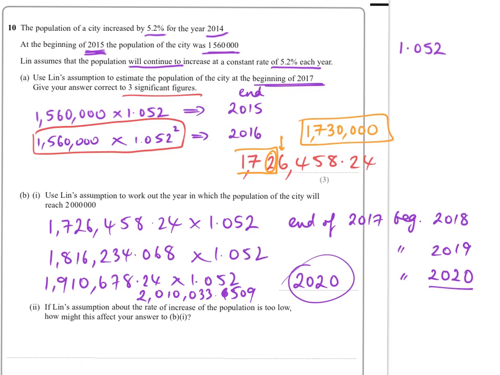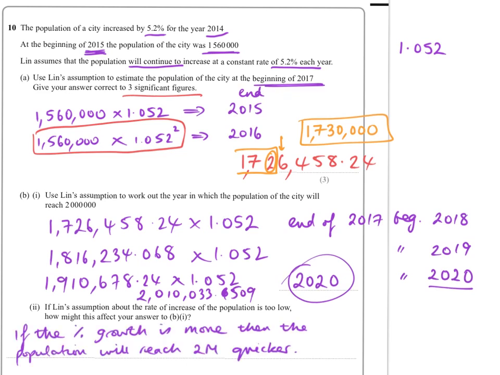So, if Lynn's assumption about the rate of increase of the population is too low, how might this affect your answer to part B? What I've said here is that if her assumption about the rate of increase of the population is too low, then that means if the percentage growth is more, then the population will reach 2 million quicker.